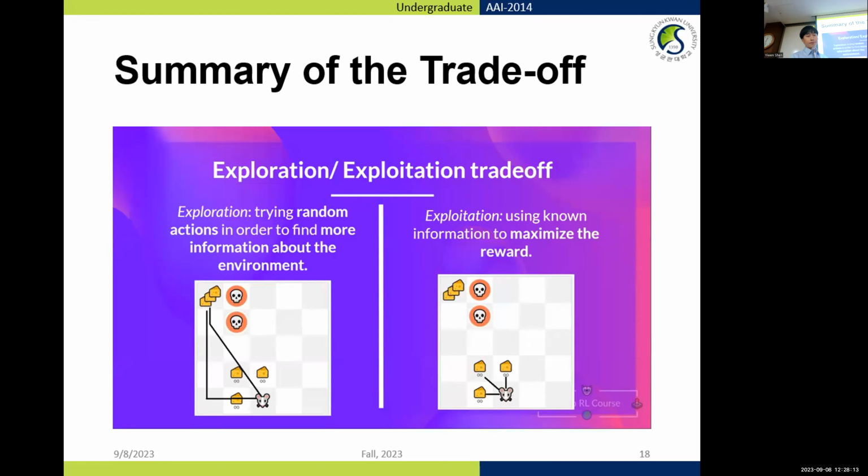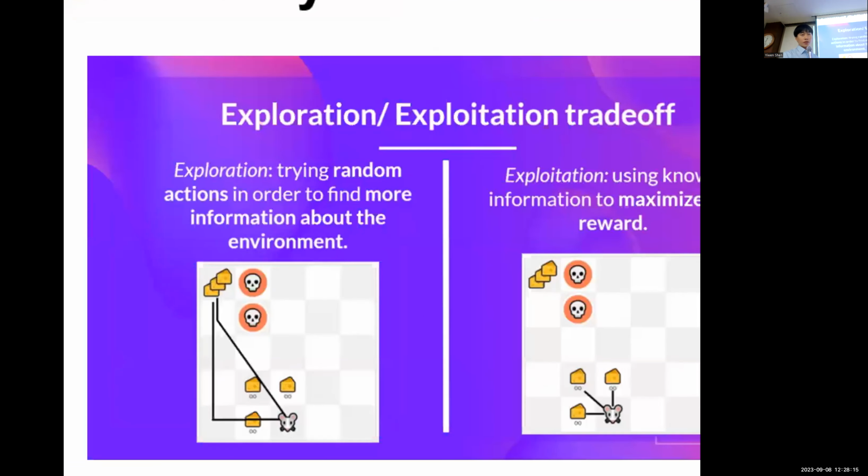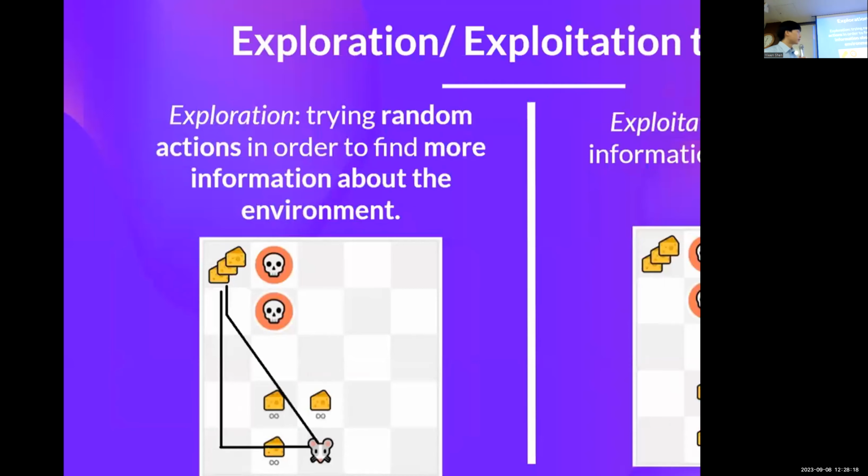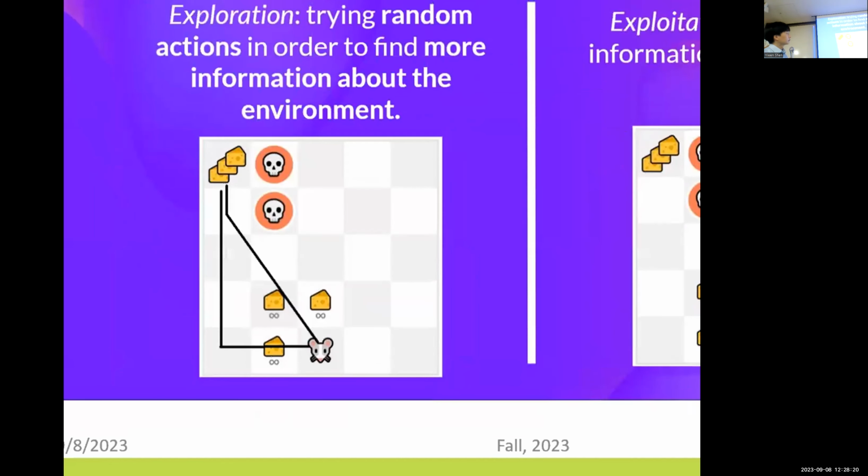So as a summary, exploration is trying random actions in order to find more information about the environment. This mouse will try to explore the environment and find the maximum benefit for it.